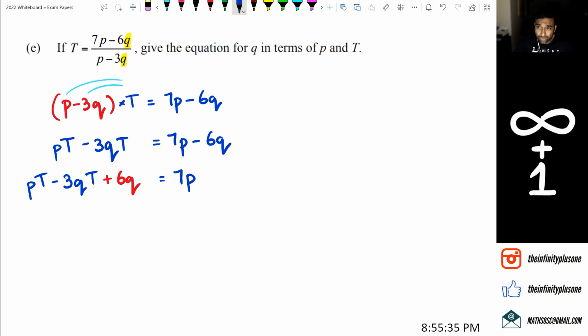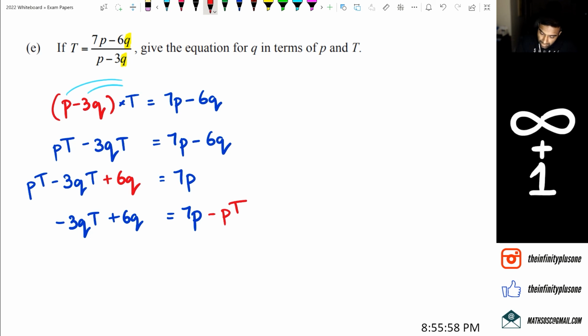Now I want to get rid of the pt, so I've got minus 3qt plus 6q equals 7p, but because it was positive on the other side, on this side it's going to become minus. So we've got 7p minus pt.